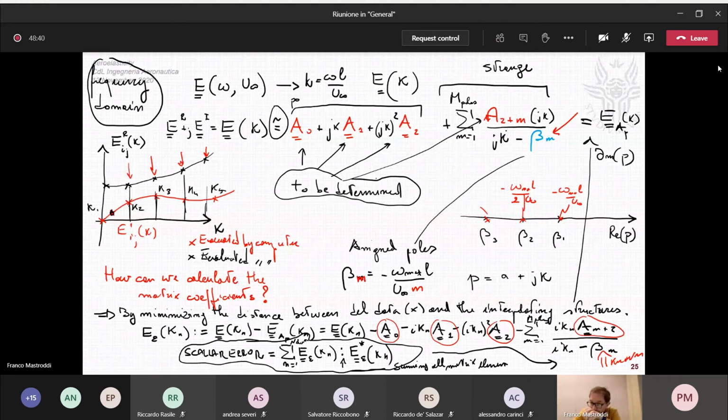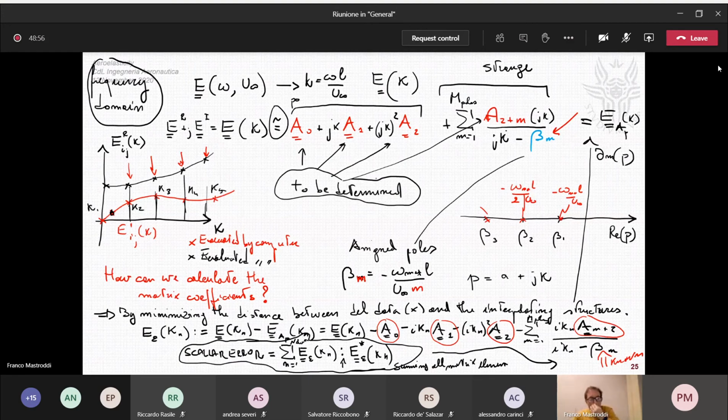But if you include this beta as unknown, your minimum error problem probably could be not a linear problem, but a nonlinear problem.